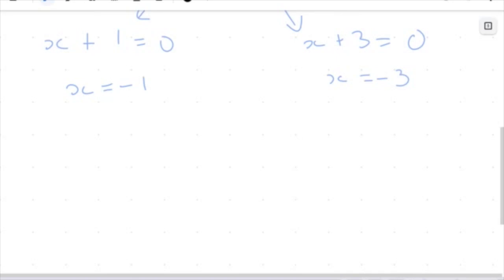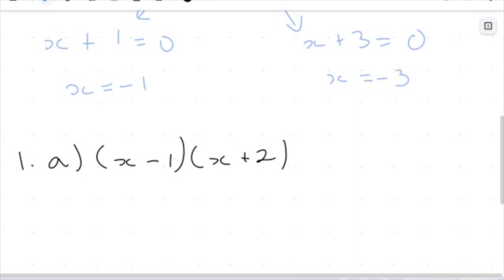And in this video, we're going to build up to the very last question in which we factorize a cubic and then solve to find all of the zeros. But just so we can practice using the null factor law a little bit, I'm going to start us off with two questions which give us a cubic in fully factorized form. So I have x minus 1 times x plus 2 times x plus 5 equaling 0.